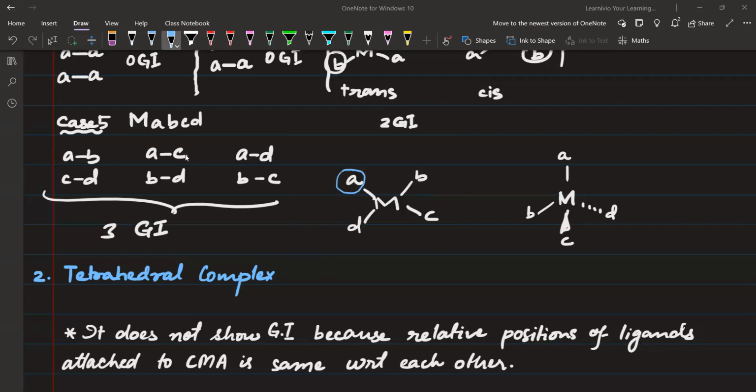So A, B, they are 90 degrees apart. A and D are also 90 degrees apart, but A and C is 180 degrees apart. Make sense? Yes or no?